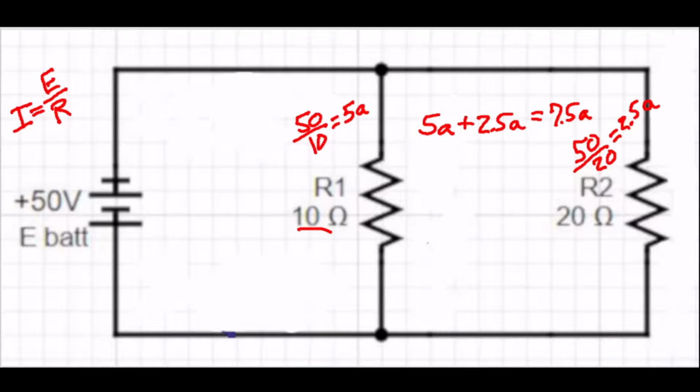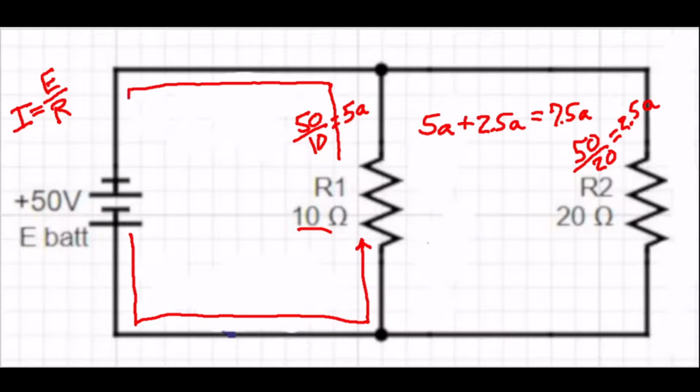So if we have current coming out of the battery, going across here and up to this resistor, and then leaving this resistor and returning to the battery, that is a current of 5 amps.